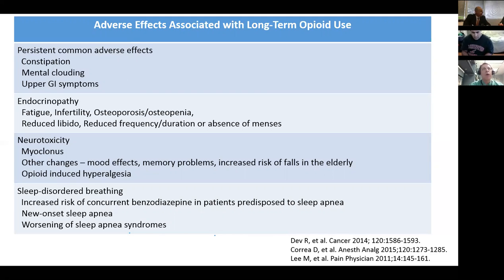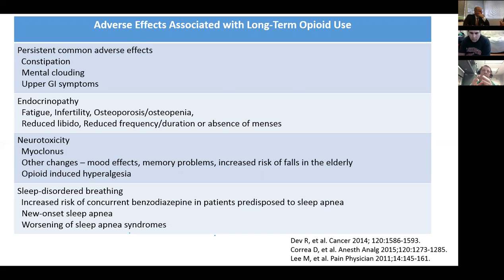Neurotoxicity has a very wide range of problems, and I think that sometimes these more milder cognitive issues of changes in mood, memory problems, sometimes doesn't always get contributed to opioids the way they should be. It requires more careful assessment. And another point that most clinicians are still not aware of is that the use of chronic opioids can actually induce central sleep disordered breathing.